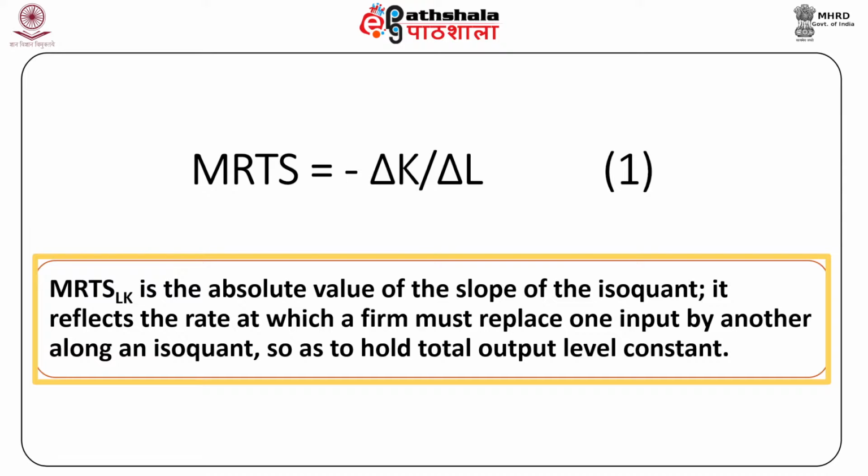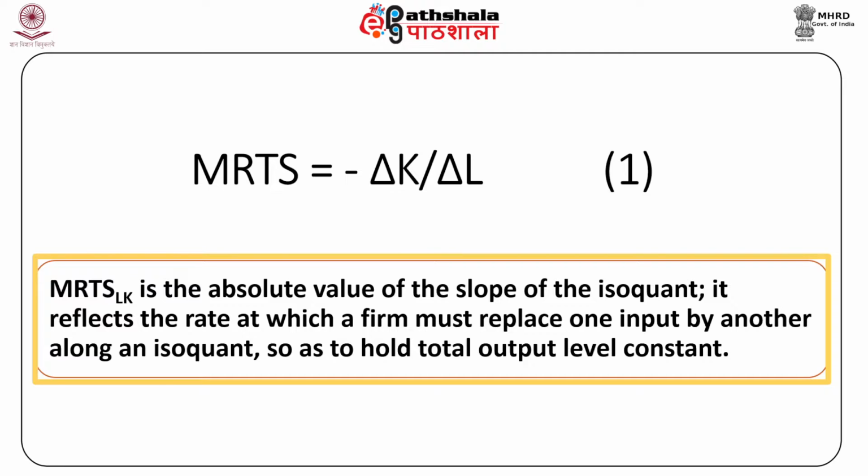However, as we keep reducing capital and substituting it with labor, capital becomes scarce and labor becomes plentiful, lowering the MPL and increasing the MPK. So, now a unit reduction in K will have to be substituted for by more of L than before.